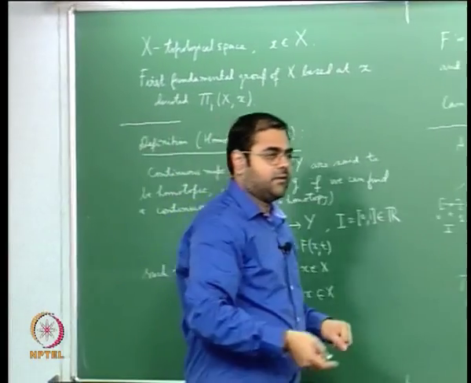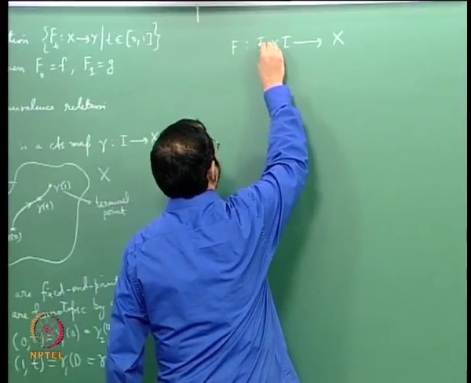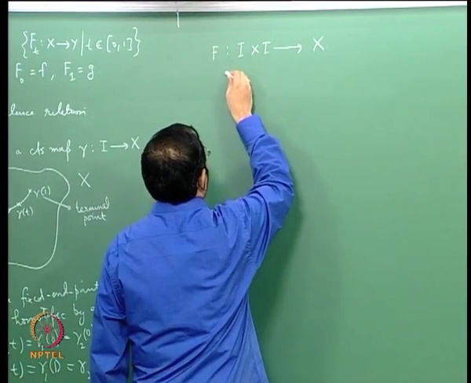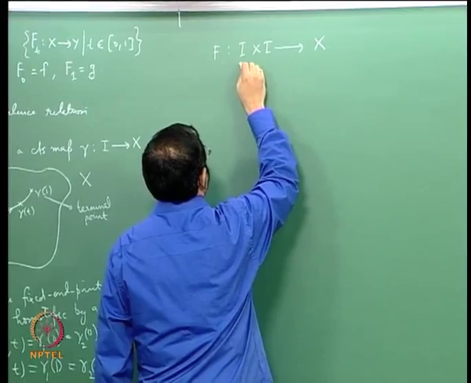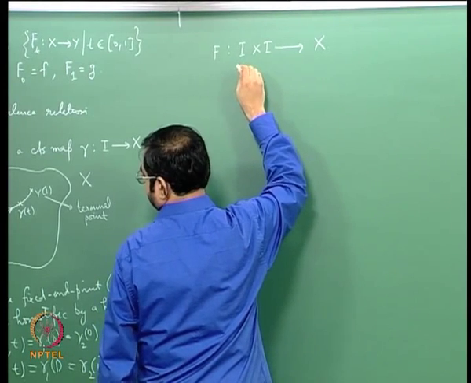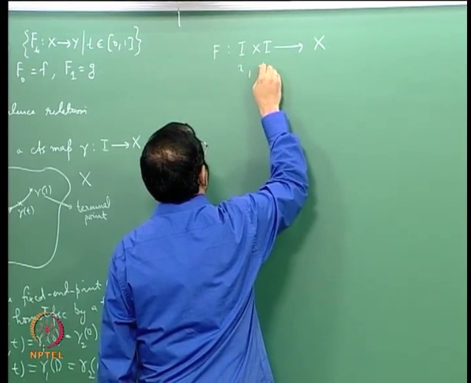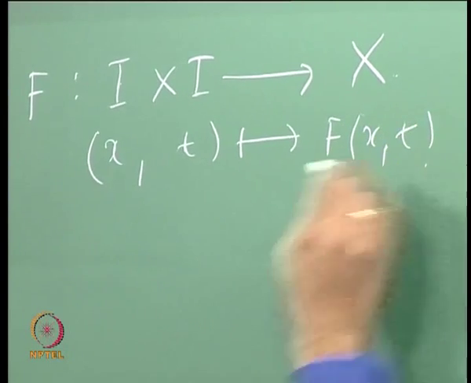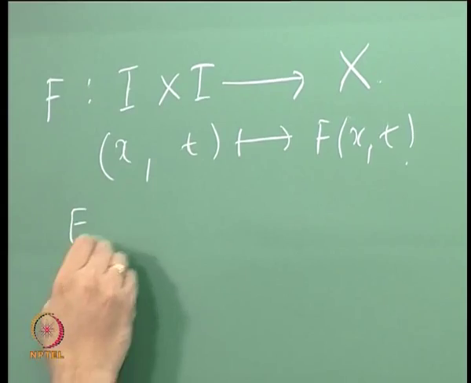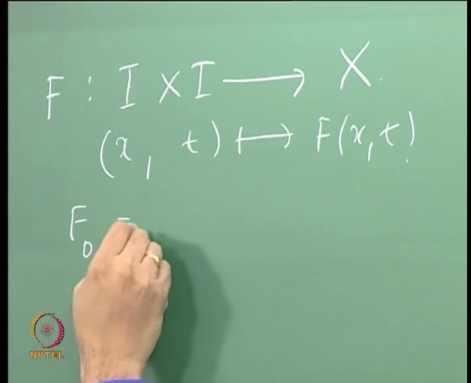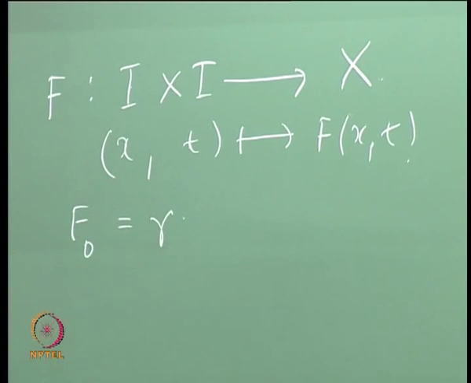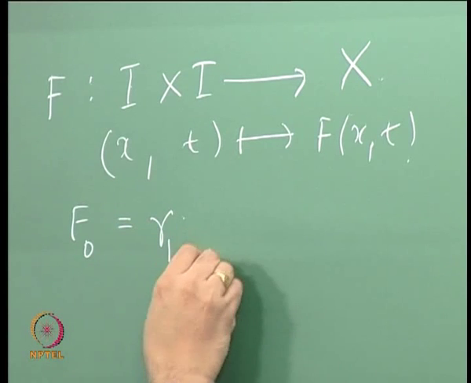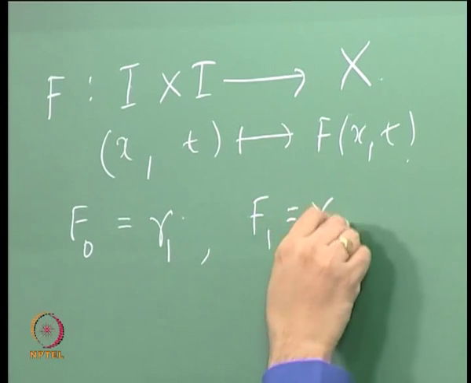I am sorry if it causes any confusion, but let me again write it here. So let me write this again as (x, t) going to f of (x, t), and of course f sub 0 has to be gamma 1, and f sub 1 has to be gamma 2.